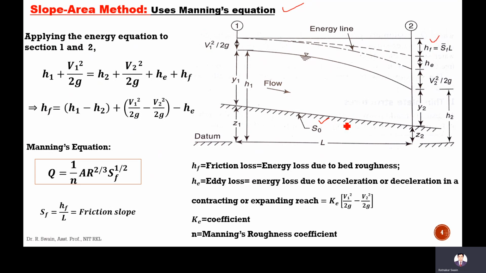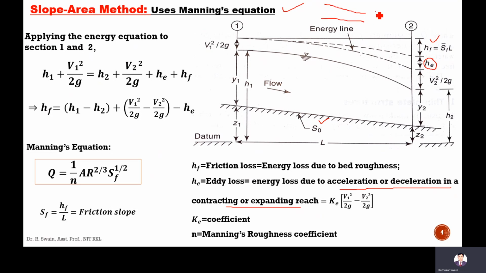One is due to friction of the bed, the bed roughness, and another head loss is called eddy loss. That is due to acceleration or deceleration in contraction and expansion of the reach.